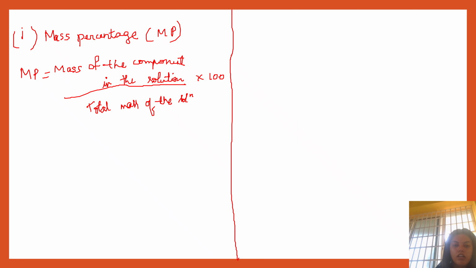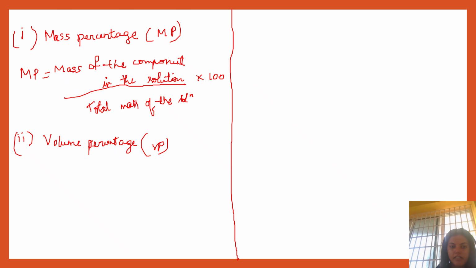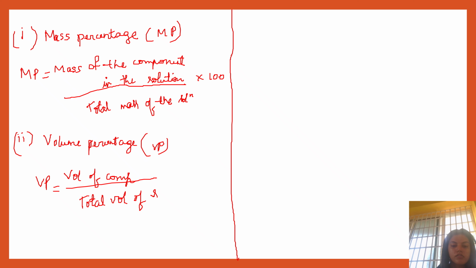Okay, let's go for the next one. Volume percentage, VP. Volume percentage of a component is equal to the volume of the component divided by the total volume of solution into 100.